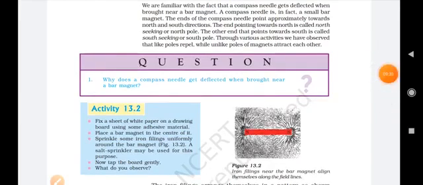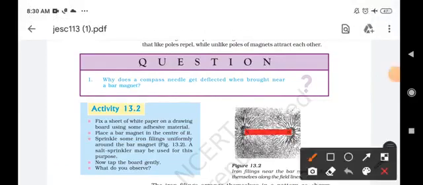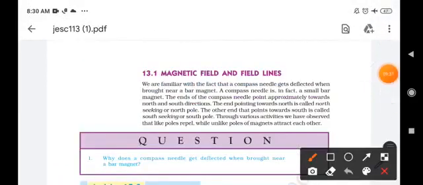As you can see here, students, it is written that a compass needle is in fact a small bar magnet, and the end of the compass needle points approximately towards the north and south direction. The end pointing towards the north is called the north pole, while the other end that points towards the south is called the south pole.